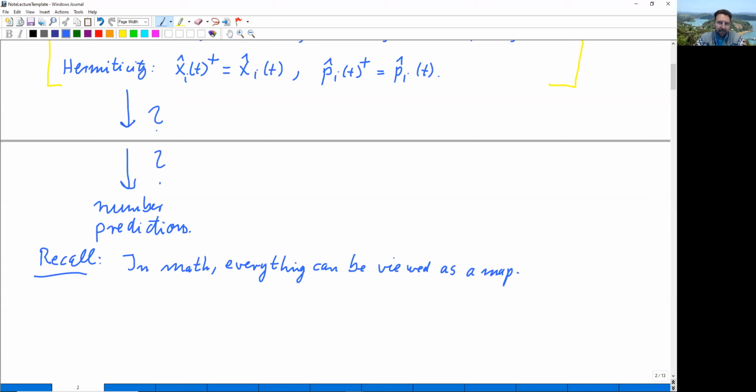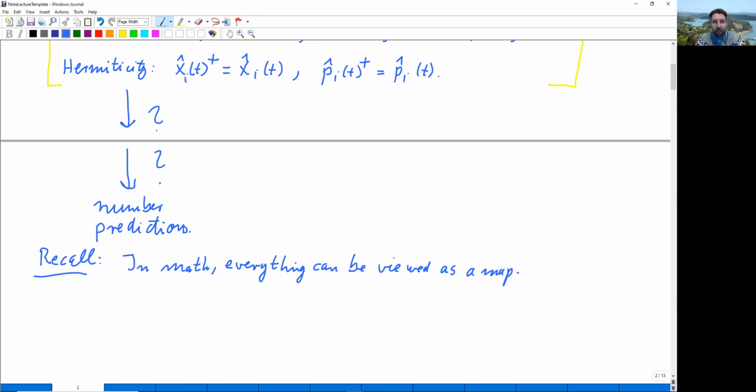Now, why am I saying that? Well, because now we know at least that if there is a representation of the x hat and the p hat that works in quantum mechanics, then it's got to be possible to describe the x hat of t and the p hat of t as being map valued.